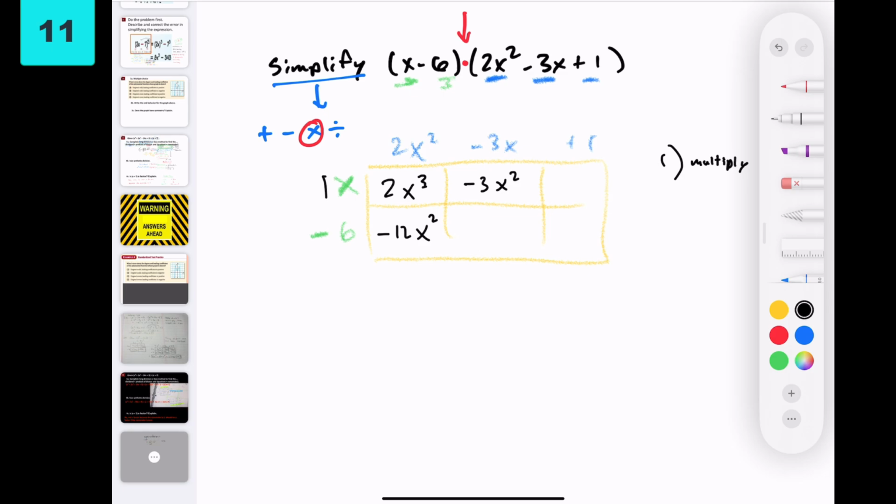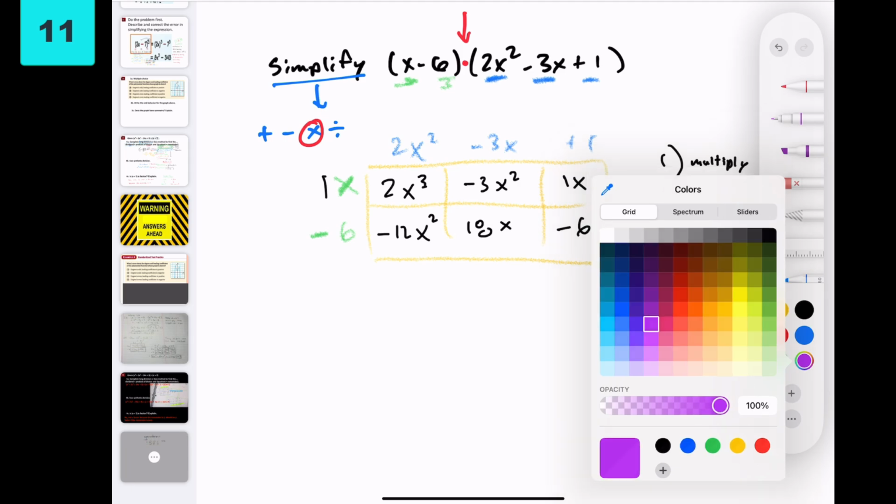Negative 6 times negative 3 is 18, and then there's no x's, so it's x. That was a common mistake right there. A lot of students were doing negative times a negative is a negative. Use your calculator, please. 1 times 1 is 1, so you just have 1x. And then negative 6 times 1 is negative 6.